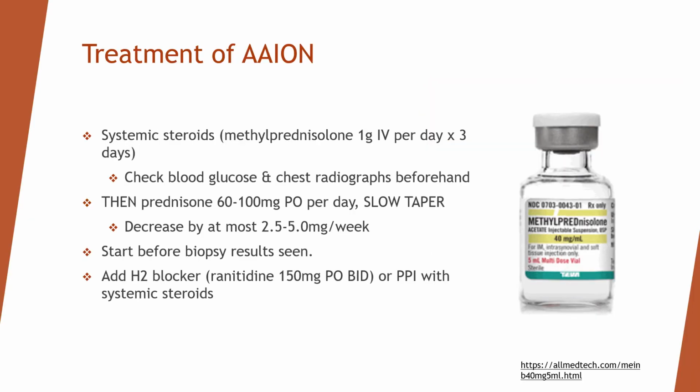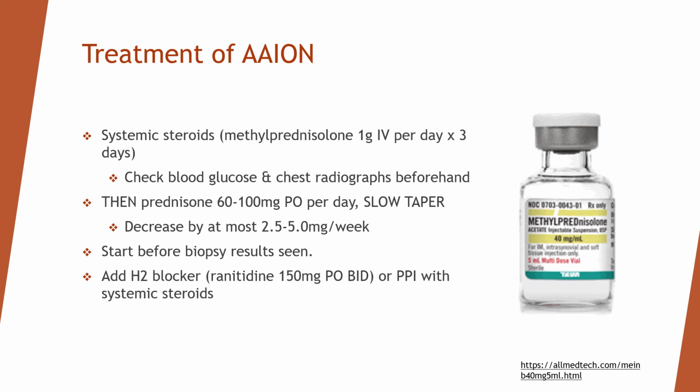Treatment of AAION is systemic steroids. You can give methylprednisolone IV 1 gram per day for 3 days, and it's important to check the blood glucose and the chest x-rays before that.